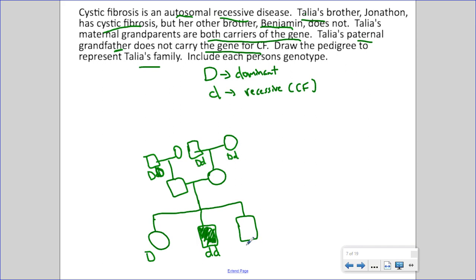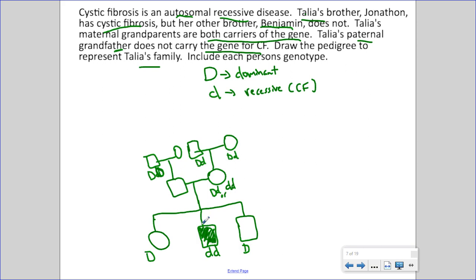And her other brother is not affected, so we know that he'll at least have one dominant allele. For the mom, she can either be big D, little d, or she could have had the disease as well. So it's one of those two possibilities.